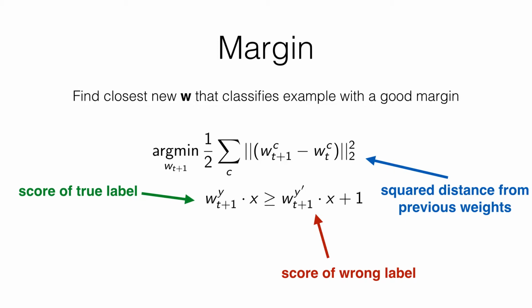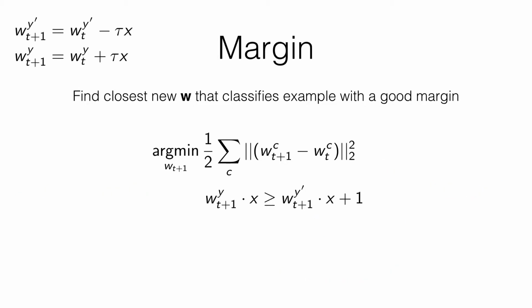At this point, it's useful to recall what our update looked like. Our update looked like this on the top left. So we can simplify. What I'm actually doing here is skipping a mathematical step to make the analysis simpler. Basically, the only free parameter we have is tau.